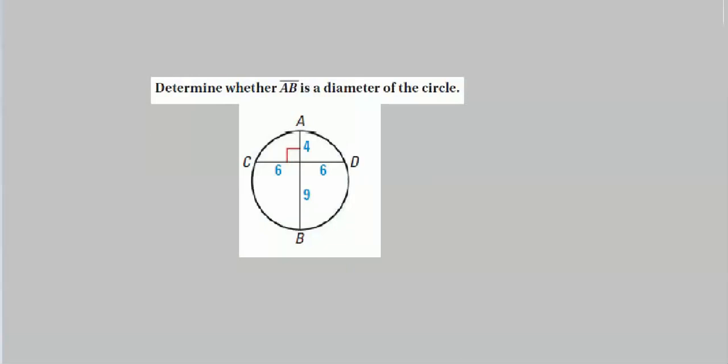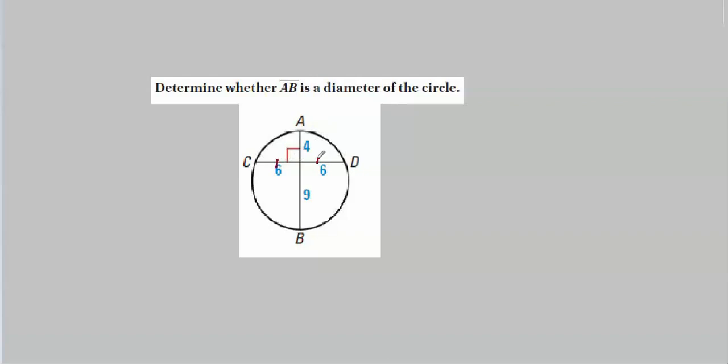Now they're asking us to determine if AB is the diameter of a circle. Well, what do we have here? We have a chord which is cut by this segment. It's perpendicular to this segment, and it bisects CD, because we got 6 here and 6 here. So we have a perpendicular line or segment which bisects a chord.